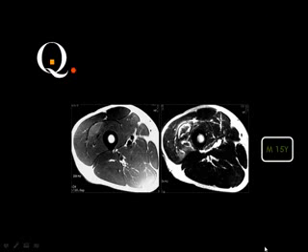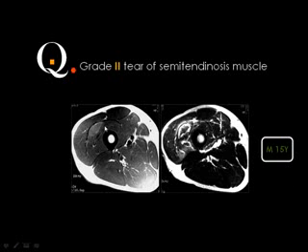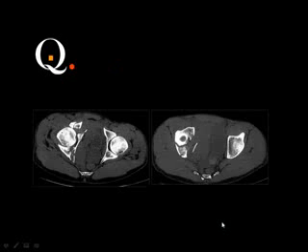Very good. Muscle injury, which is stage 2. Hemorrhage, bright in the T1 and bright in the T2 weighted image, stage 2 muscle injury.